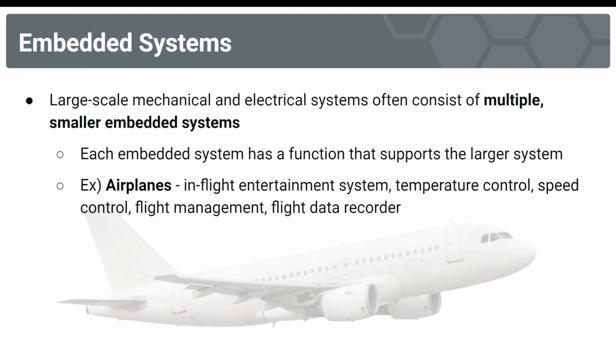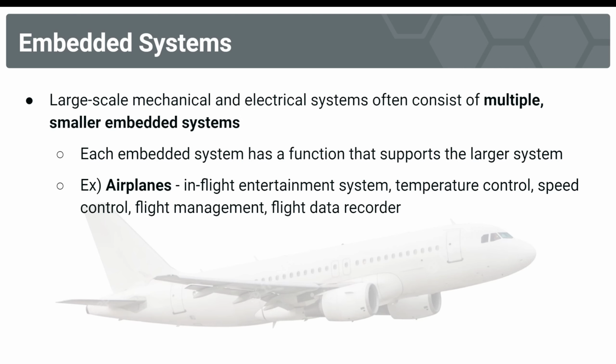Airplanes are a wonderful example of systems engineering where multiple embedded systems are responsible for many aspects of a passenger's flight, of the pilot's navigation and steering of the plane. So for example, we have an in-flight entertainment system. That's one system that's designed to show passengers movies. They can play games. We also have temperature control, speed control, flight management, flight data recorder, and there's plenty more.